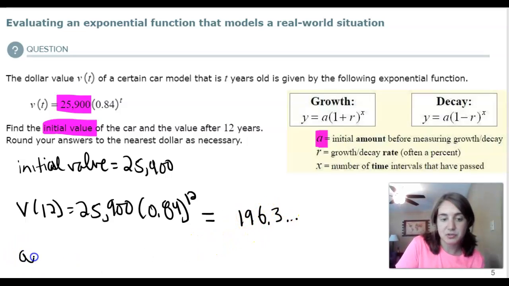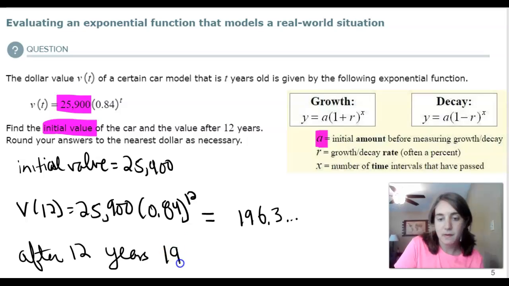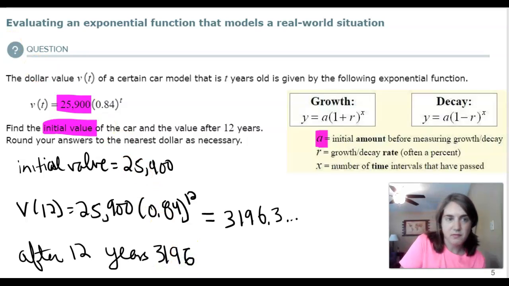So that rounds to, it says nearest dollars. After 12 years, it should be worth this much. And we can assume that because this is less than 1, it's decay.